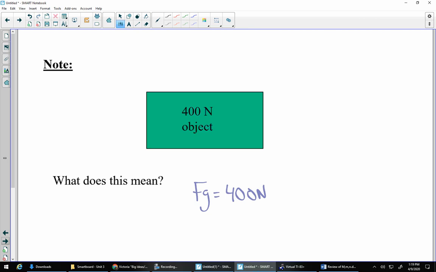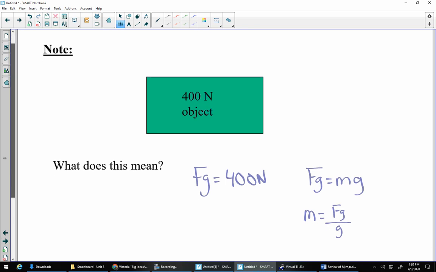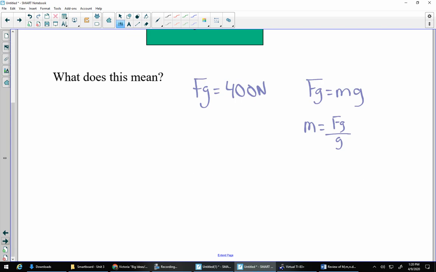If you're thinking, oh, we just use our formula we talked about a second ago, Fg is m times g. We can rearrange and solve for mass. It's the force of gravity divided by that gravitational field strength, or acceleration due to gravity. Perfect. So if it tells us it's a 400 Newton object, that means that's its weight, that means it's its force of gravity, and we can use the force of gravity to figure out mass.